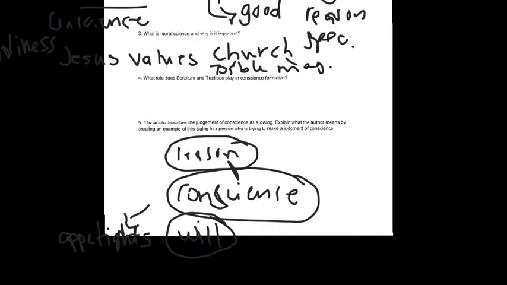So I may desire the cookies, and synderesis says the cookie is good, but reason tells me that cookies have a lot of sugar and a lot of calories. And so I can engage reason and make a judgment. I can say, yes, I desire the cookies.